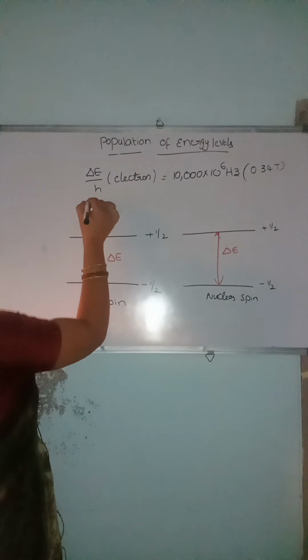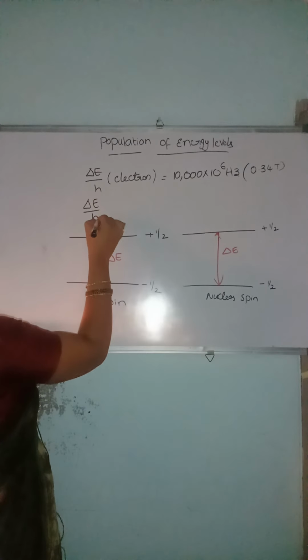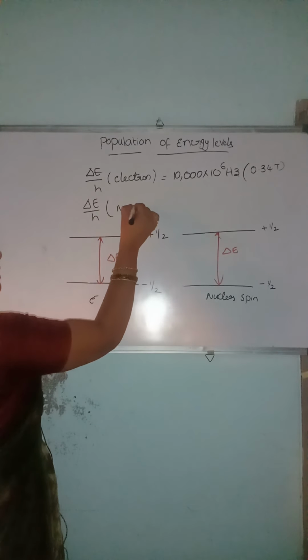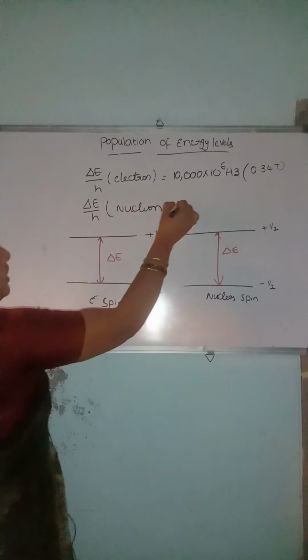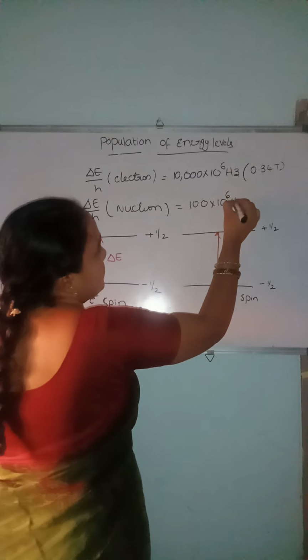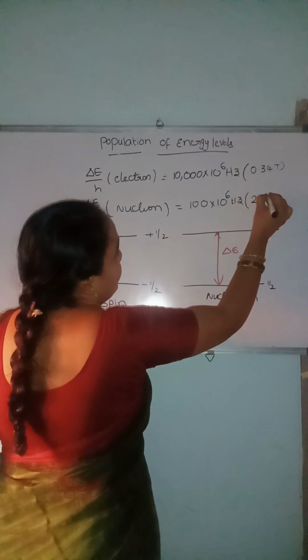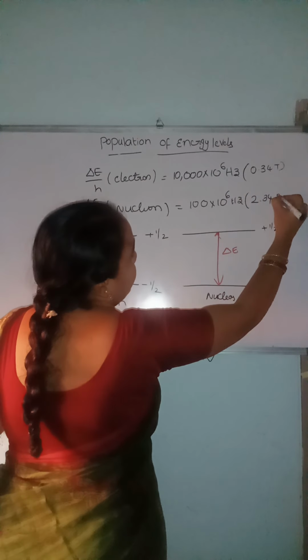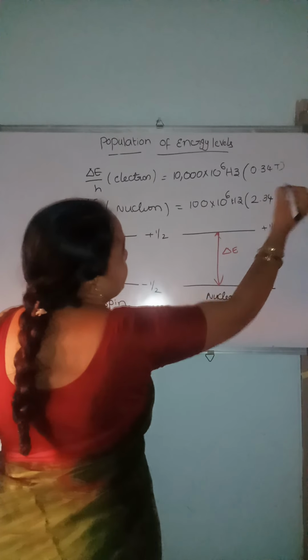Similarly, we have also calculated delta E by h for the nucleon. For the nucleon we got 100 into 10 power 6 Hertz at a field of 2.3487 Tesla.